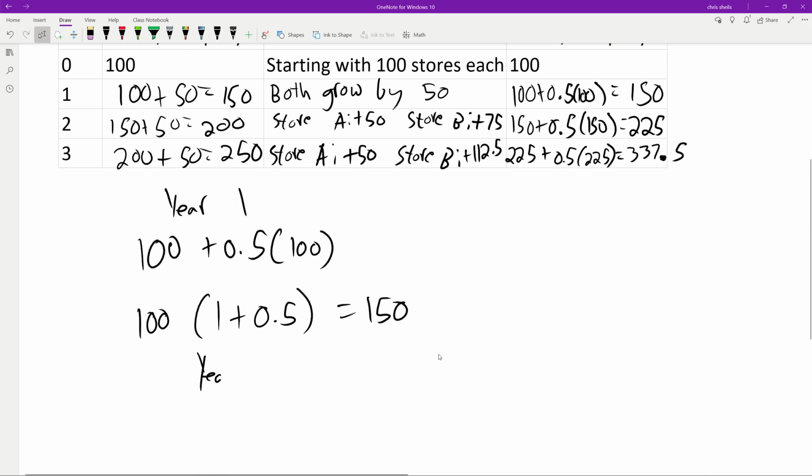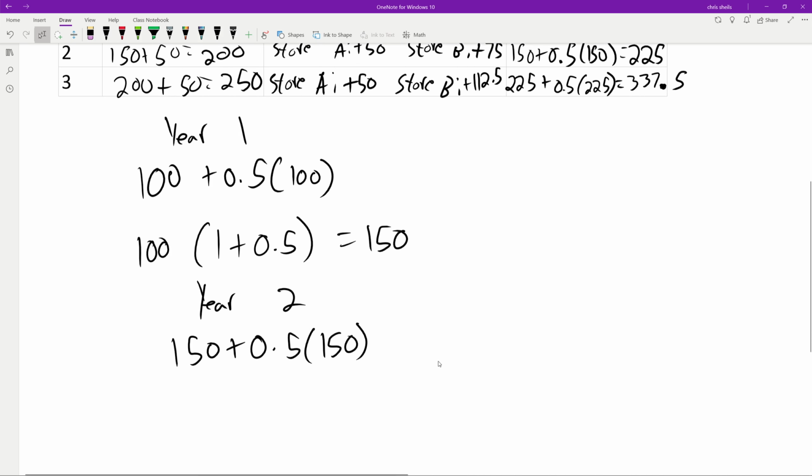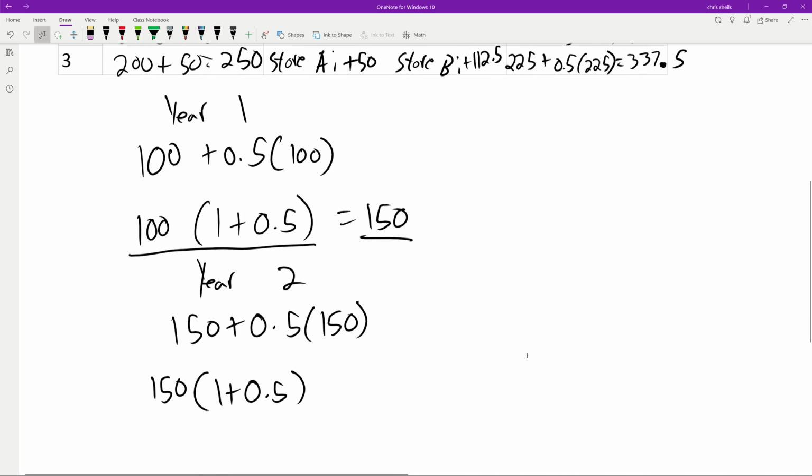For year 2, I had 150 plus 0.5 times 150. And similarly, I could factor 150 out of this. This becomes 150 times 1 plus 0.5. And remember, I said that 150 is equal to 100 times 1 plus 0.5.